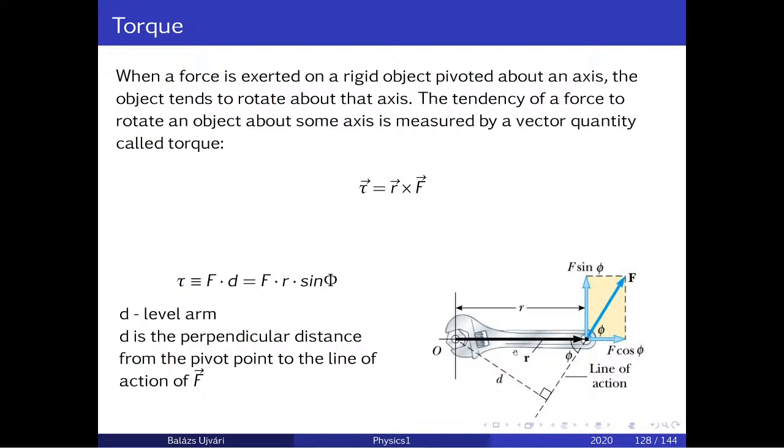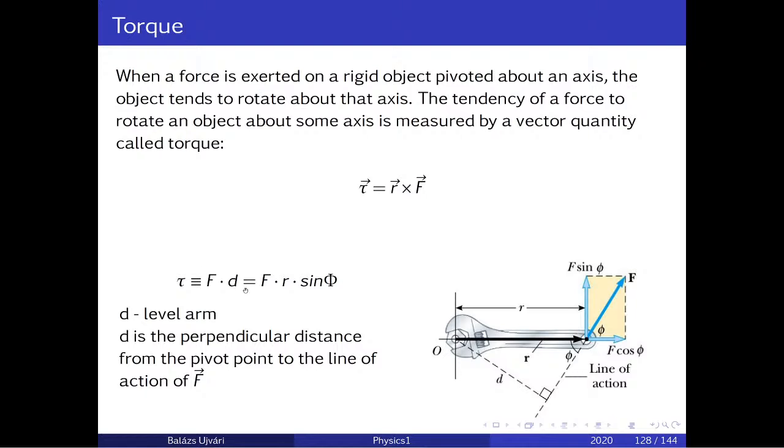If we are always in one plane, it's easier to calculate using the so-called lever arm. That means if you extend the vector of the force, this dashed line is the line of action, you have to measure the distance between the rotation axis and this line of action, and this is the lever arm.